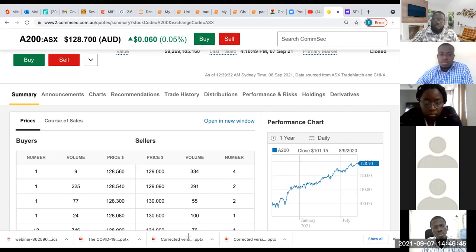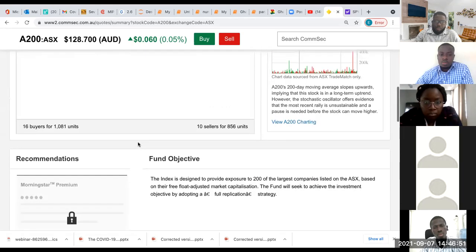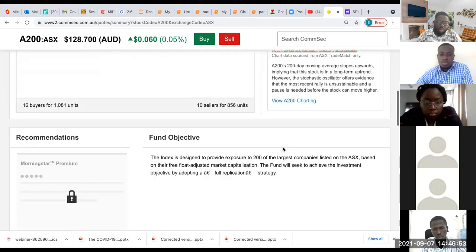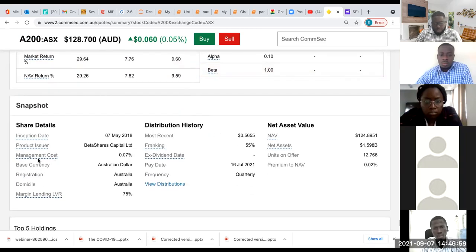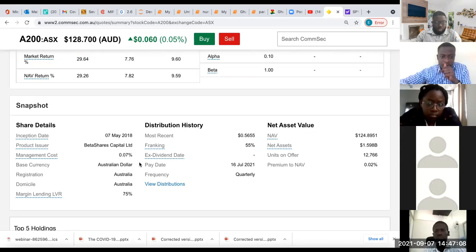Okay, but the general point I was making is that if you buy an ETF, let me see if I can show you. The management fees are typically very low. Yes. Got a management fee. What do you see? 0.07%. 0.07%.